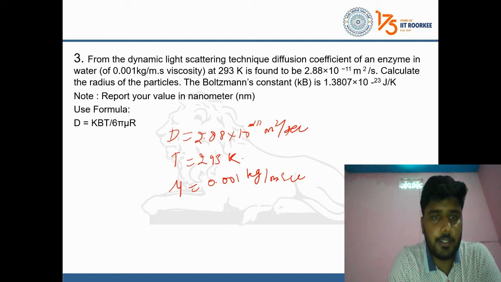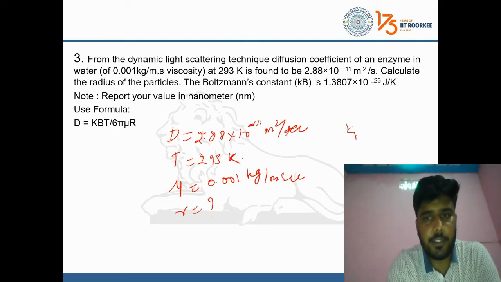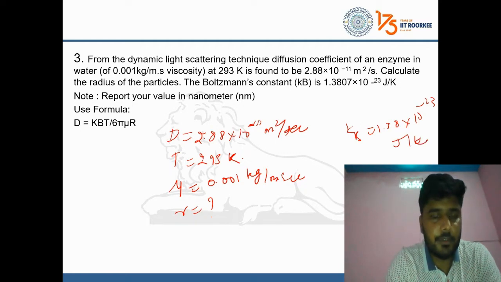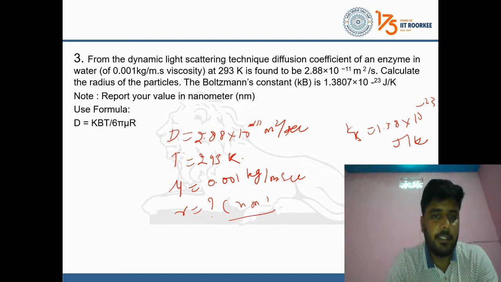Okay, so you have to just calculate the radius of the particles. The Boltzmann constant is given here for your reference. It's 1.38 10 raised to minus 23 joule per Kelvin. So you have to just report the value of radius in nanometer.